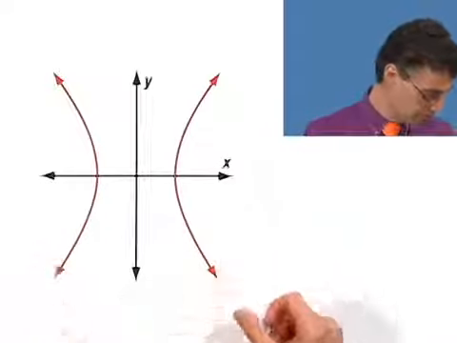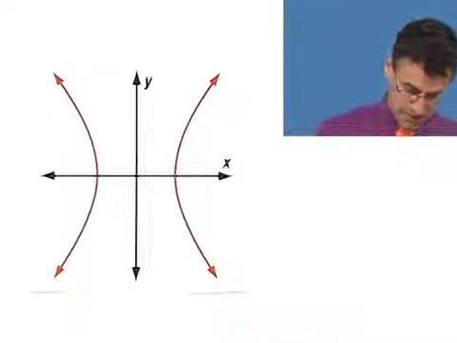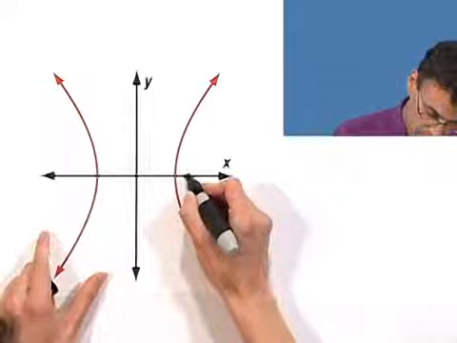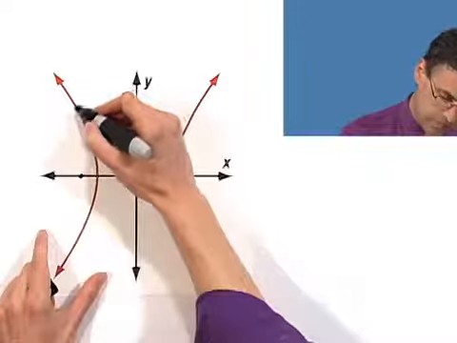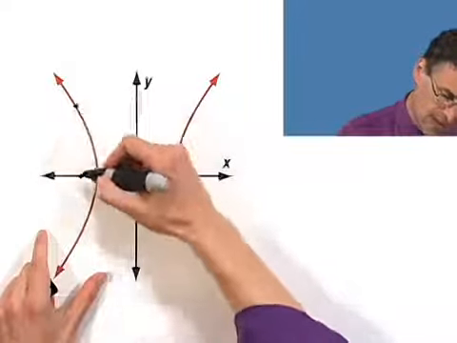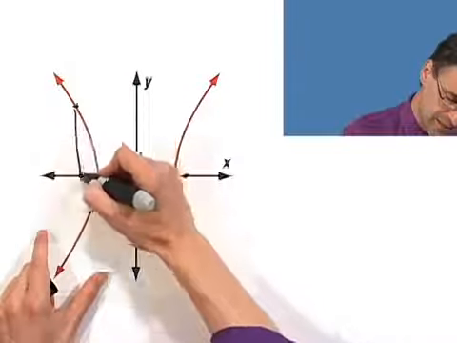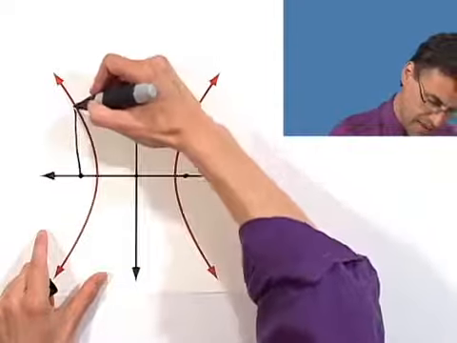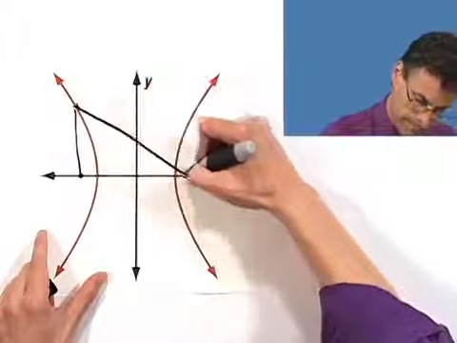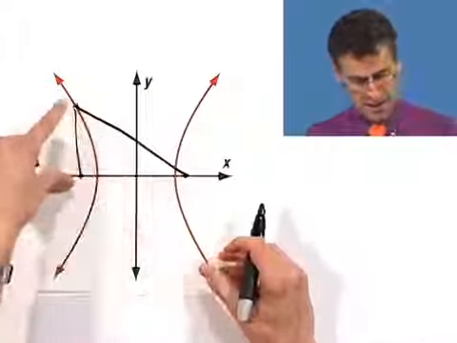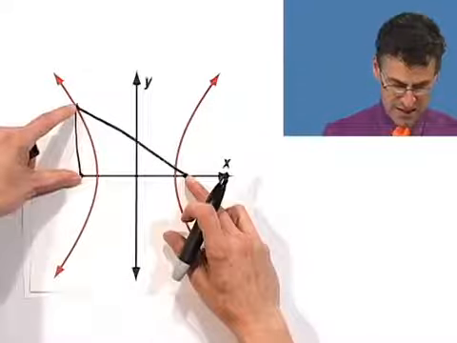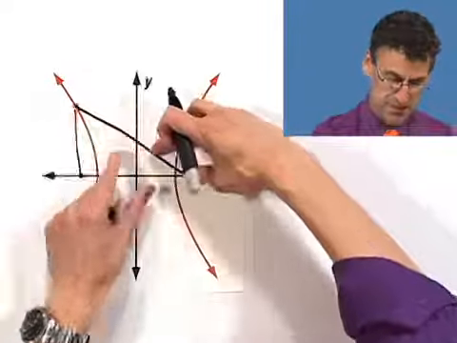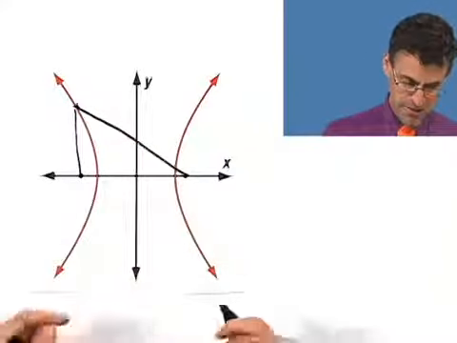And let me just show you that really fast with a quick little example. The idea is if one focus is here and one focus is here, then if I pick this point right here and take a look at this distance and this distance, and I take the absolute value of the difference between this length and that length, which is like this length right here, that should be the same if I picked any other point.